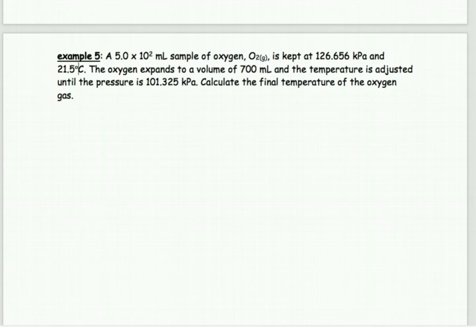So again, just go through and list off everything that's given and what's required as usual. It says milliliters here, so we have a volume of oxygen. And it's kept at this pressure, which I can tell by kilopascals here.